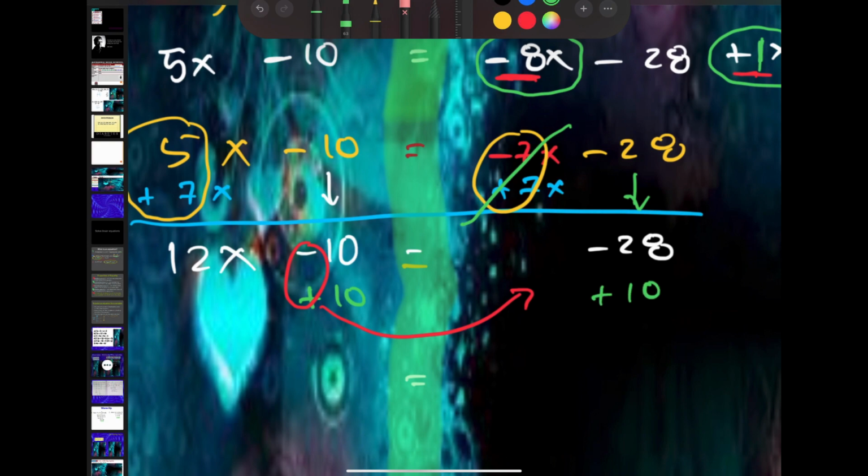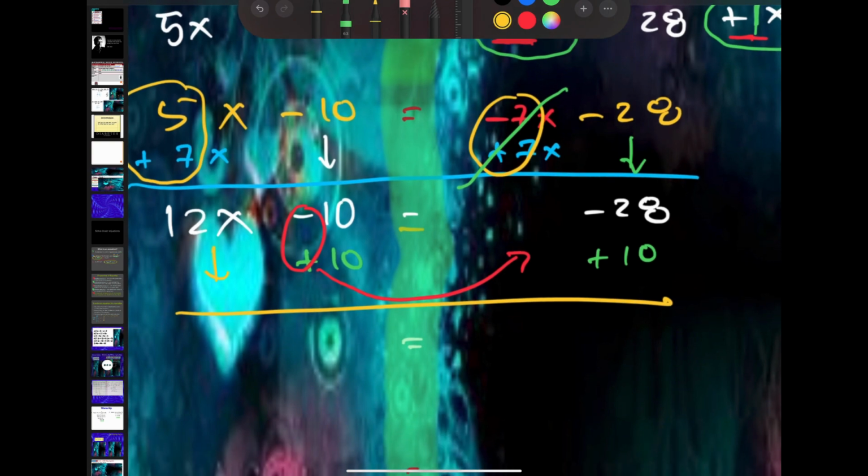Does that make sense? So bring this down. What do I get? 12x. This becomes what? 0. And over here becomes negative 18.